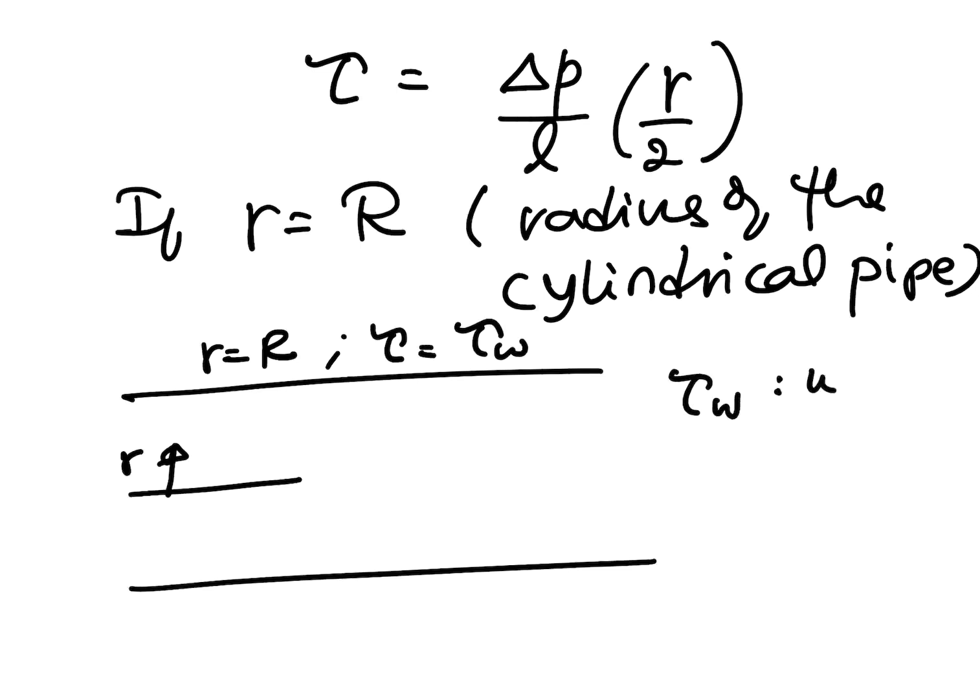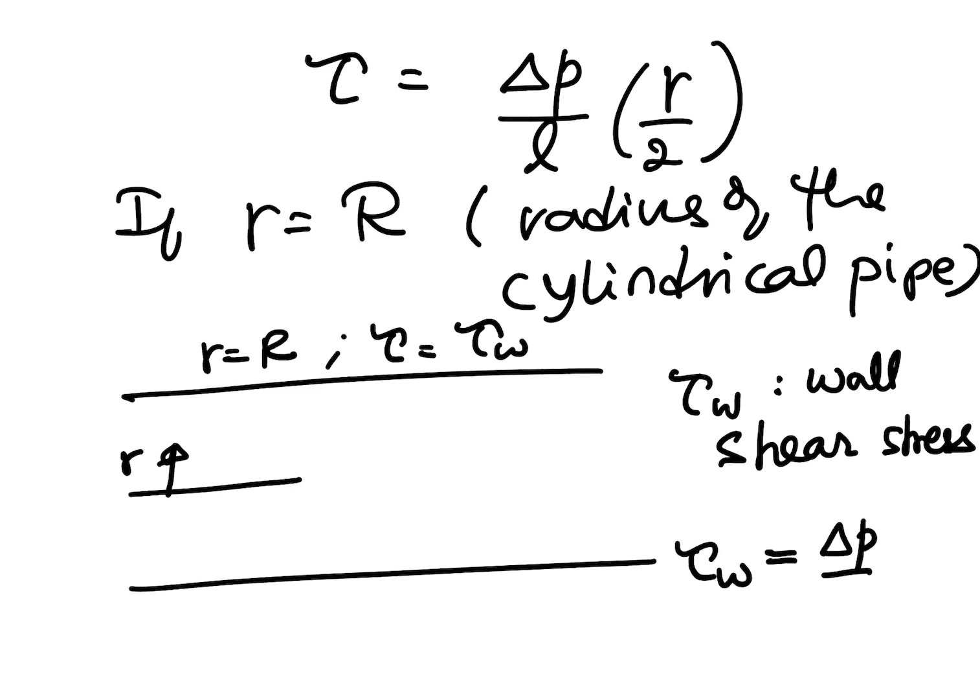Tau W is the shear stress at the wall. So I'm going to write tau W equals delta P over L times R over 2.